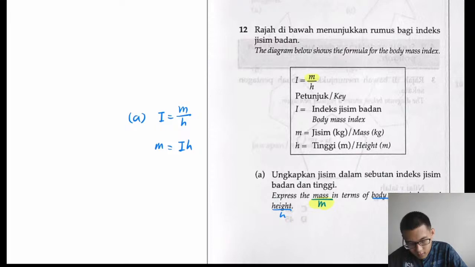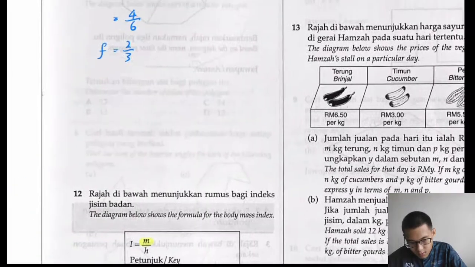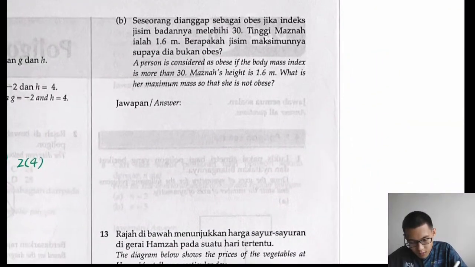Okay, so what does part b ask? If a person is considered obese if the body mass index is more than 30, and her height is 1.6, what is her maximum mass so that she is not obese? So just now we have m equal to Ih, right?